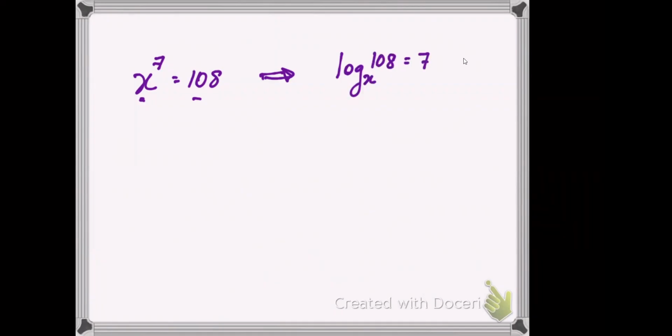Now let's go in the opposite direction. If I was writing log base 10 of x equals, let's say, 3, write this in base index form. The base would be 10, the power would be 3, and it equals x.